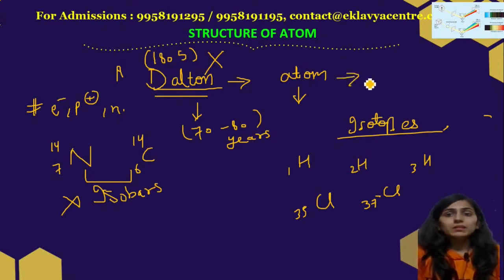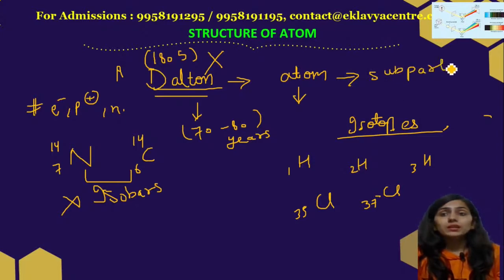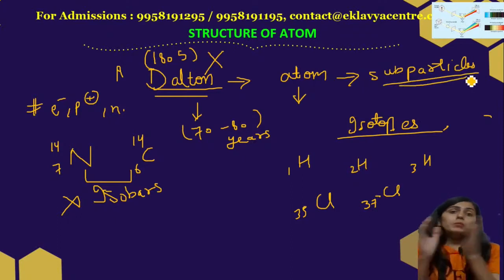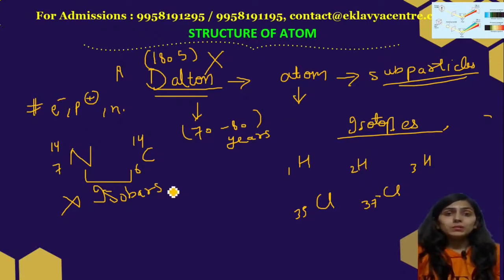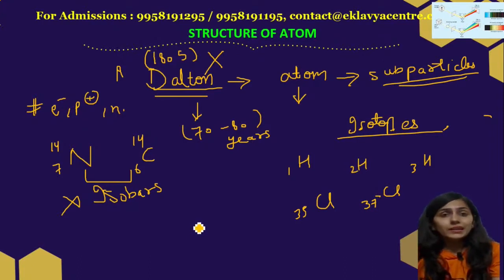And what were the subparticles? Subparticles were electrons, protons and neutrons. Firstly, the discovery of electron took place, then proton, and after so many years, in the 19th century, discovery of neutron took place, right? So let us first talk about the discovery of electron.